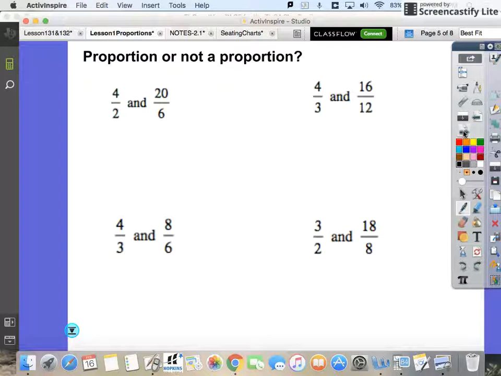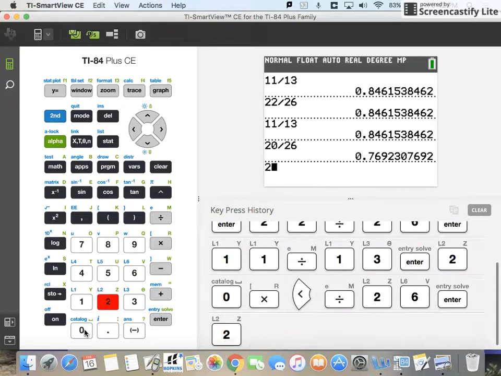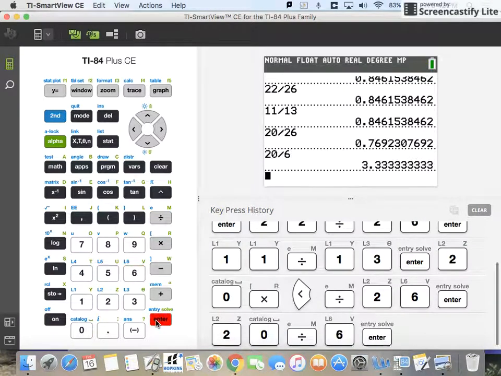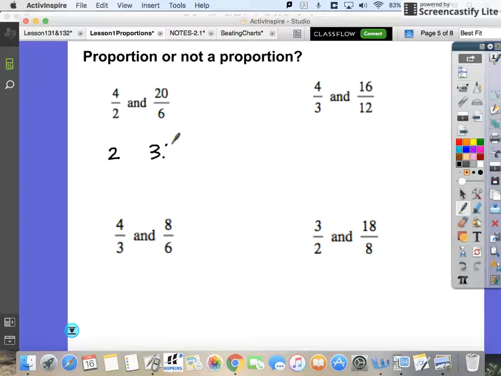So there's a way to check if two numbers are proportional. First, like we just did with numbers, you can do 4 divided by 2, which is 2, and then 20 divided by 6 is 3.3 repeating. Those two are not equal, so this is not a proportion.